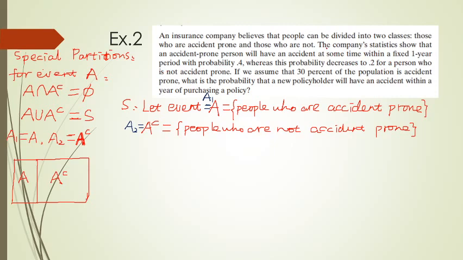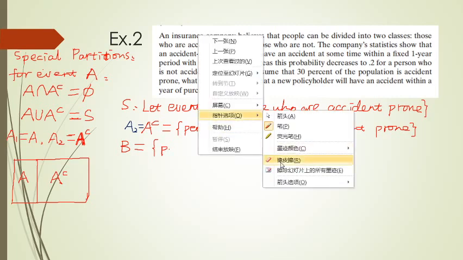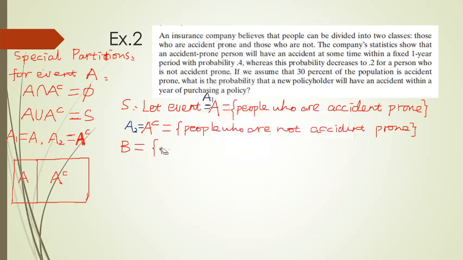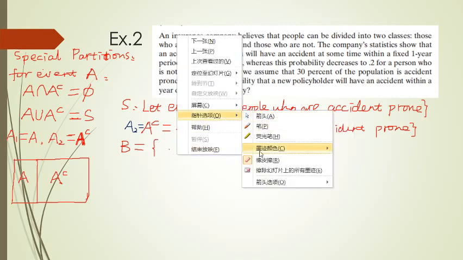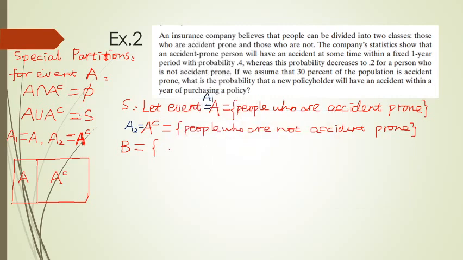Now let's try to understand. And by the way, what is event B? Event B means a person has an actual accident.